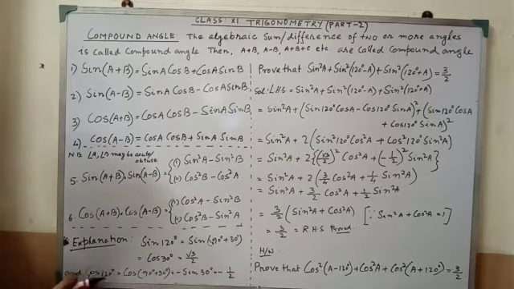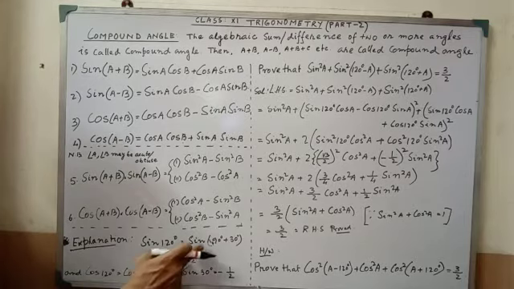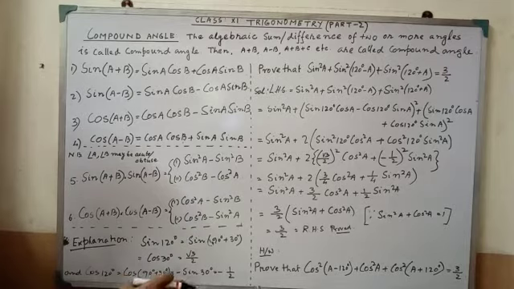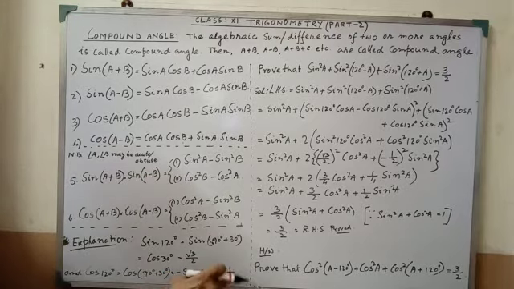Now cos 120 degree. Same thing, cos(90 degree plus 30 degree). This is also in the second quadrant. In the second quadrant, sine is positive and cos will be negative; except sine and its reciprocal cosec, which are positive, the remaining four will be minus. So this is minus sine 30 degree, equal to minus half.